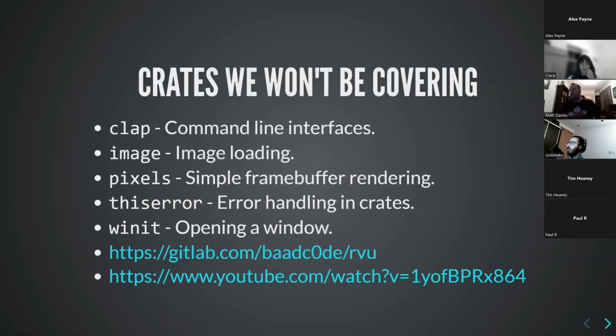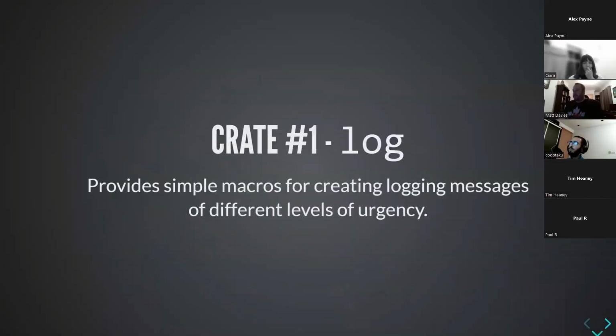Image, which can load any kind of image, JPEGs, PNG files, GIFs, whatever. Pixels is a simple frame buffer rendering crate, so I can get pixels on the screen. This error is a way to define errors in Rust and create structures that automatically define the error trait. And winit is for opening a window on all platforms and providing a handle for other crates to use, such as pixels.